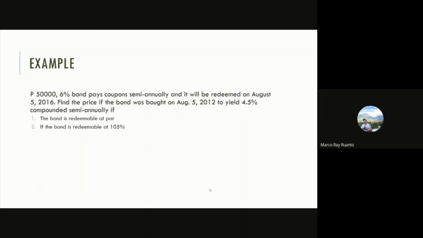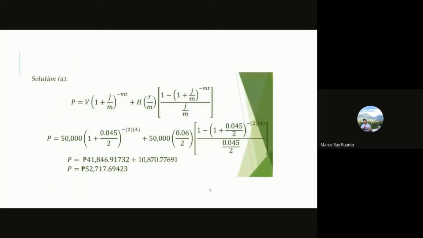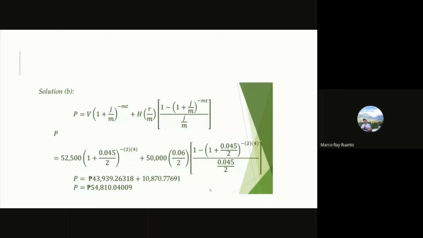Let's say for example for letter A, our redemption payment is only 50,000. Because 50,000 times 1, since that is at par. Here, it is at 105%. So we multiply the 50,000 by 105%, which gives us 52,500, more than your redemption value.